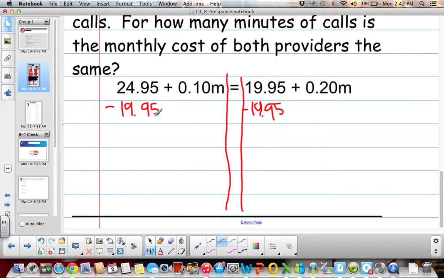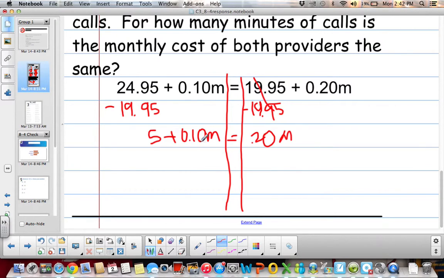So $24.95 minus $19.95 would be $5. And then we have plus 10 cents per minute that cancels out, equals 20 cents per minute. Oh, I'm writing horribly.